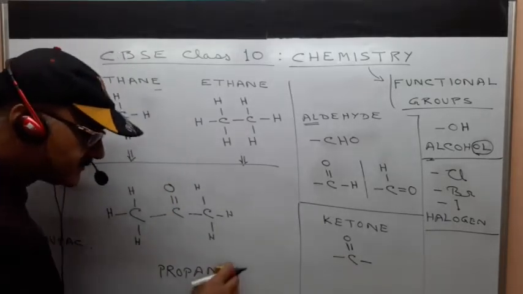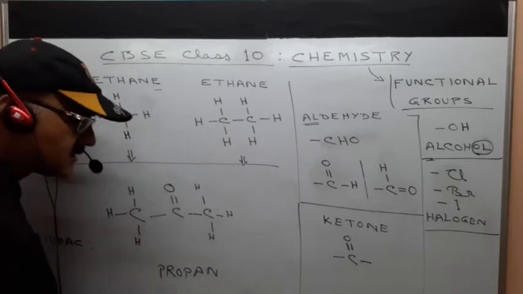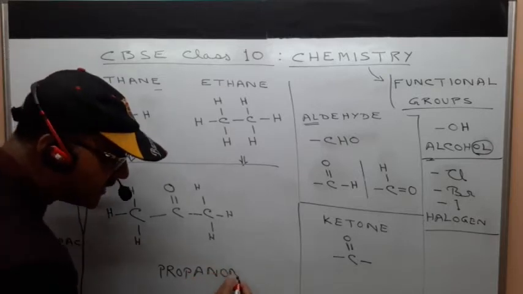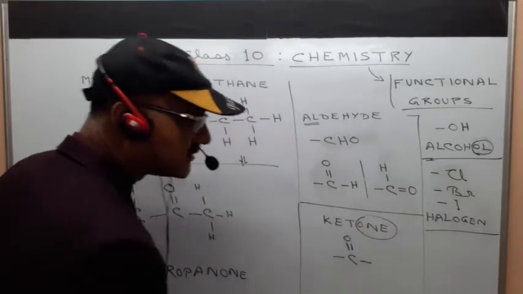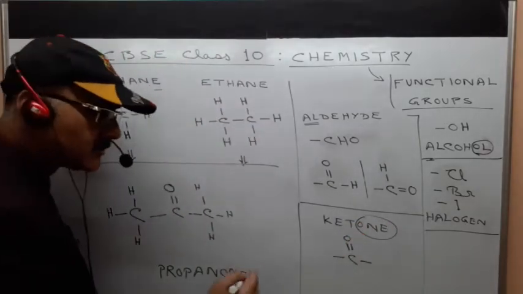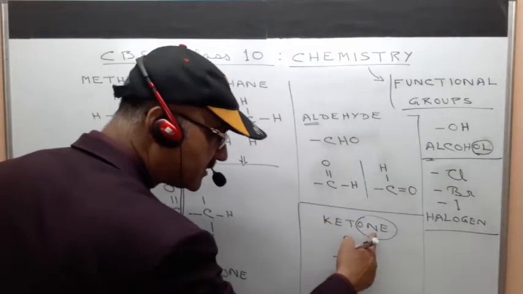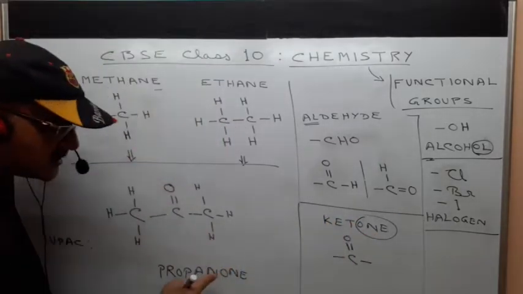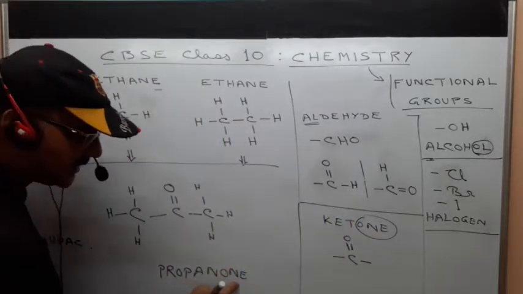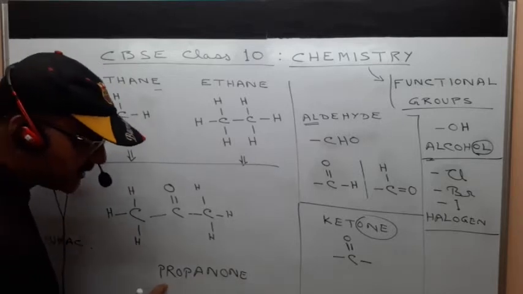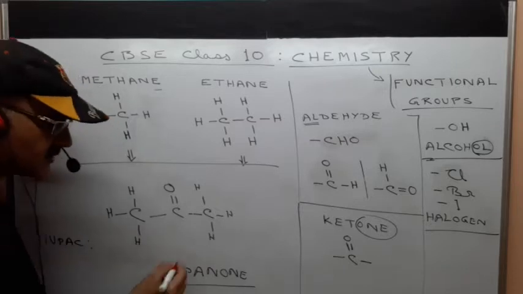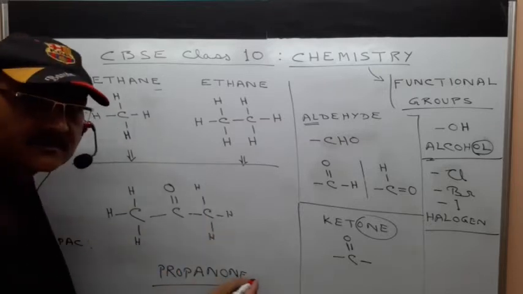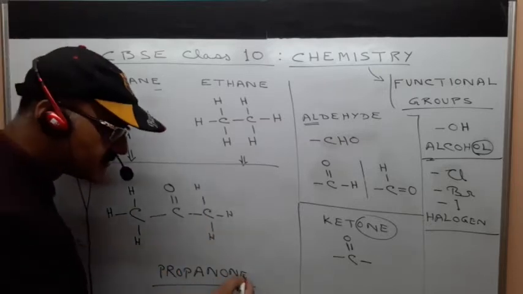So this "e" is replaced with "one". From the word ketone, this "one" is taken, and this "e" is replaced with "one". So we get the name propanone. So this molecule is called propanone. Propanone.